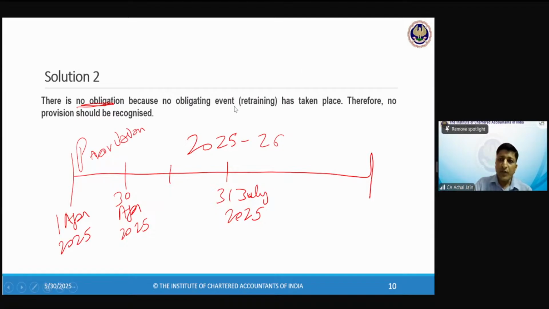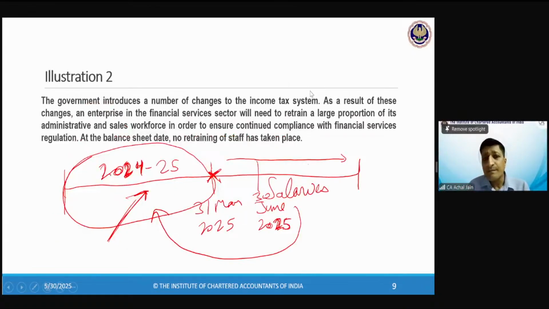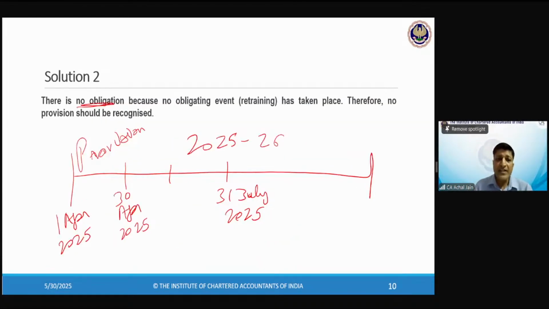See, there again, it's one and the same thing. The important point for you to understand is whether the company has incurred the cost or not. It's exactly similar to the example which I have just shared with you.